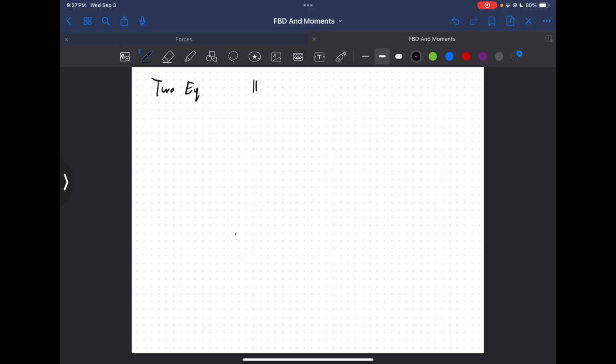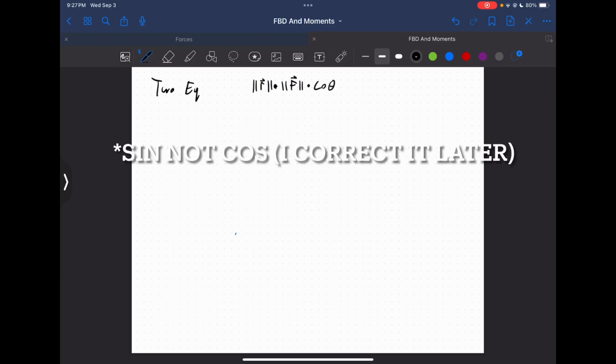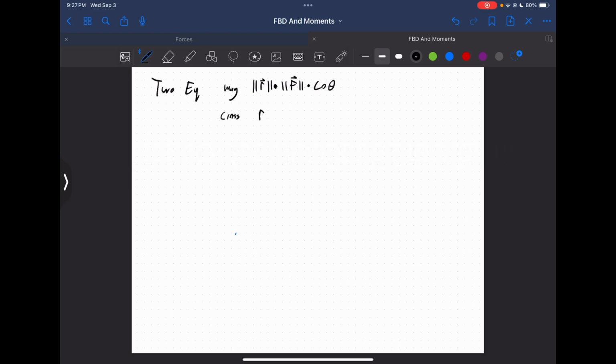The magnitude method, which looks something like this, where the two lines around the R and F just mean magnitude, and cos theta. And then the cross product, where we have R cross F equals moment.